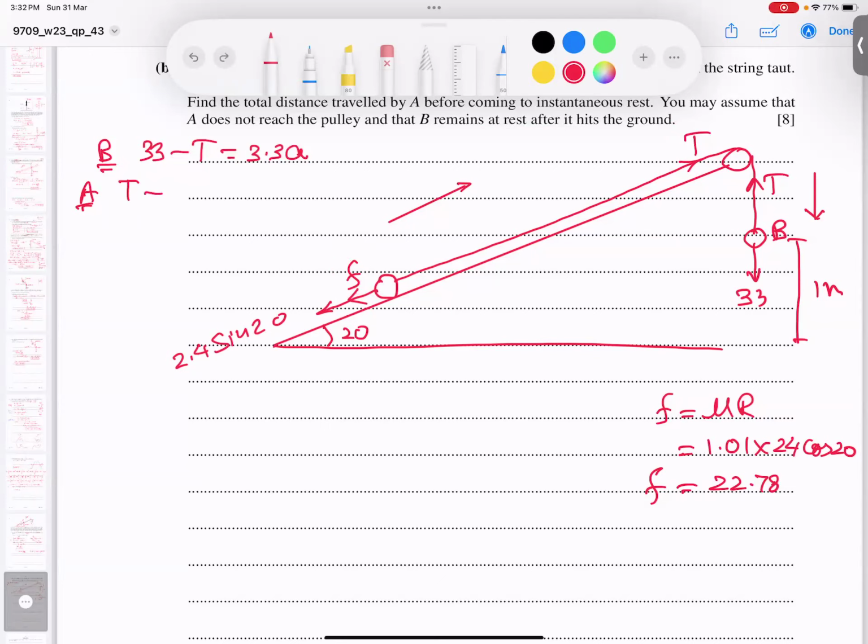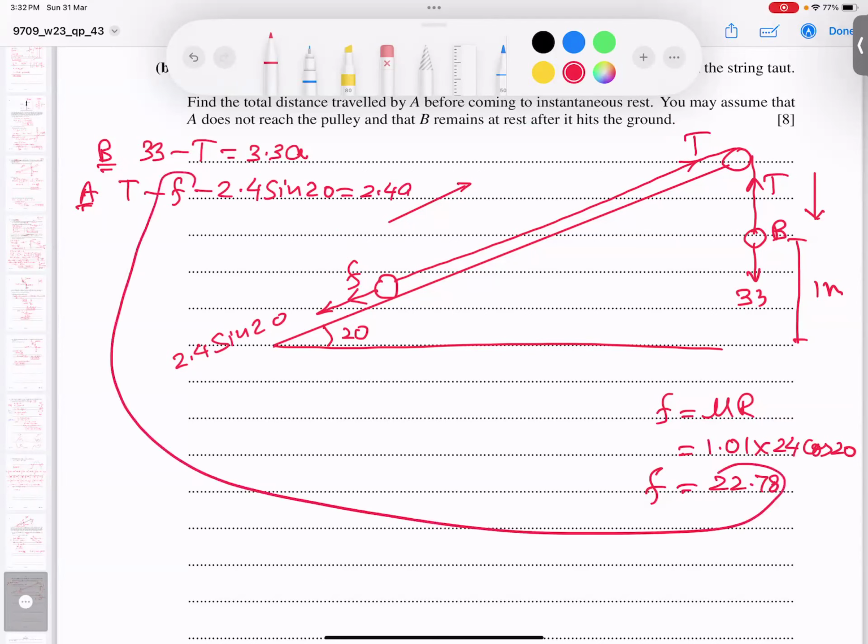Let me write the formula, then you can understand, equal to MA. Friction force, I just got it from here. And if I type all together, both values, plus 2.4 times 2 sine 20, this answer is coming 23.59.